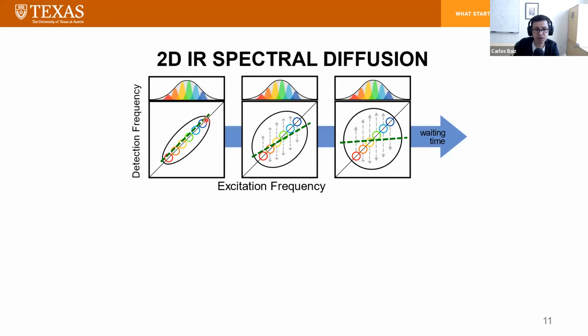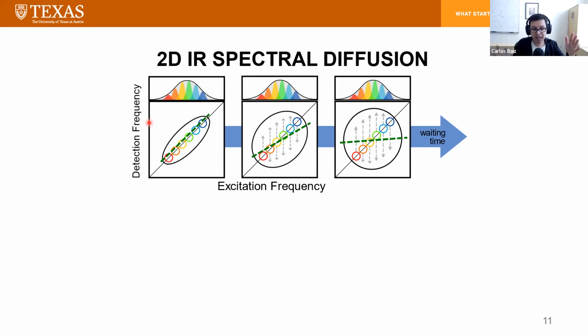then the next pulse stimulates emission from that molecule, and it's going to emit at the same frequency because the system hasn't had time to evolve. You can think of our carbonyl example. If it's hydrogen bonded, you excite the carbonyl, it has a given frequency, and when you probe it, it has the same frequency because it remains hydrogen bonded.